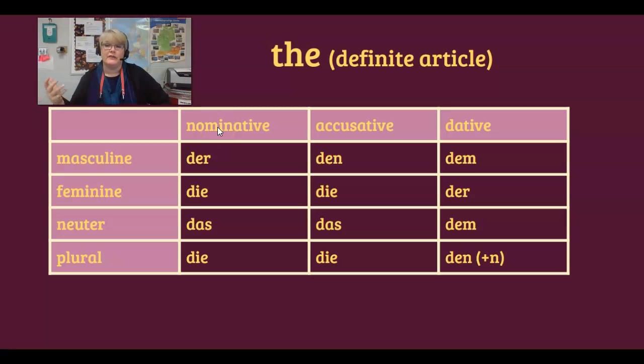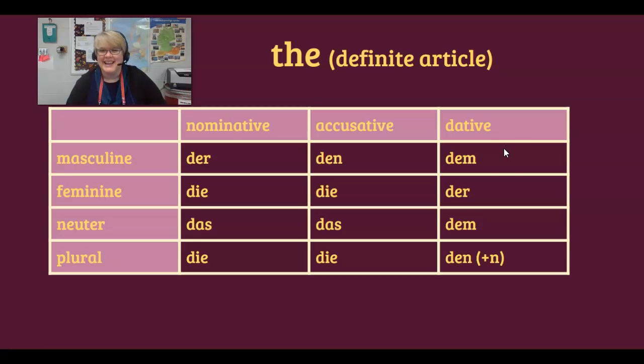This is also what you find in the dictionary or on your vocabulary list, the nominative, okay? We also learned that when a masculine word is the direct object, the der changes to den. Nothing else changes, yeah? So we didn't even bother with a chart because der was the only one that changed, right? Now we have to have a chart because we have accusative case.